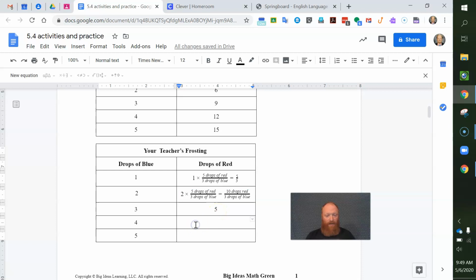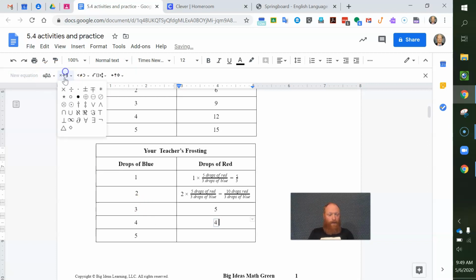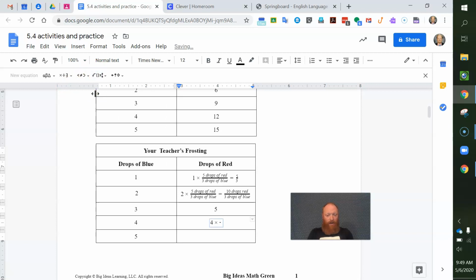All right. So now we have 4 drops of blue. So we would have new equation: 4 times the fraction 5 drops of red over 3 drops of blue.